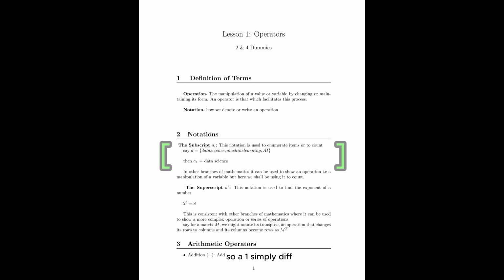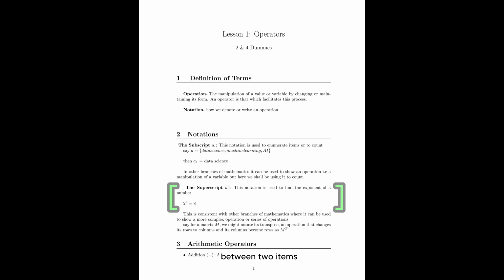So A1 simply denotes the first element in the set, which is data science. And this may not be true in some other branches of mathematics, where A1 can be used to show an operation.